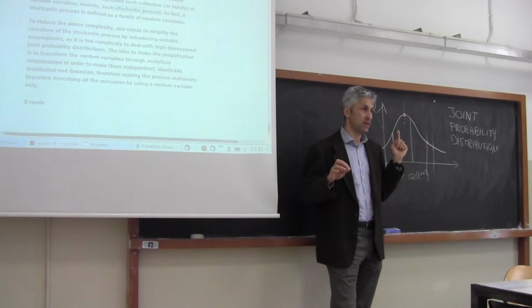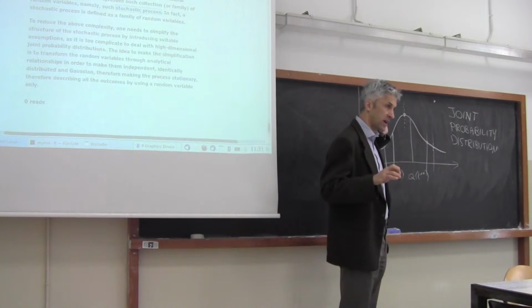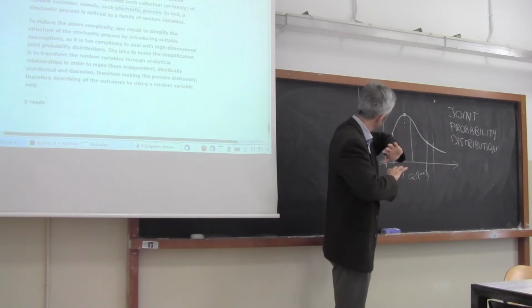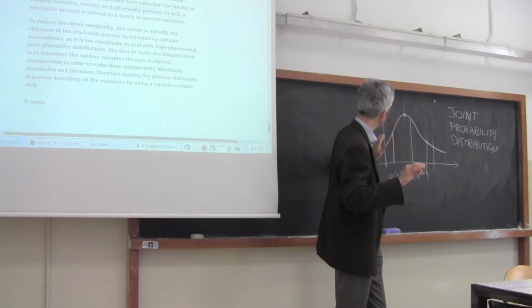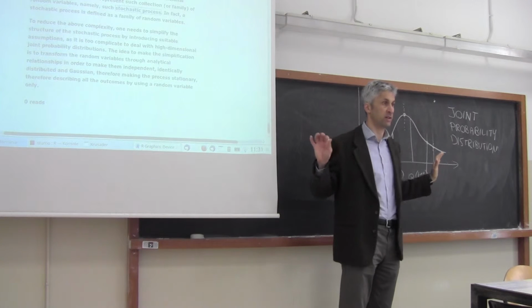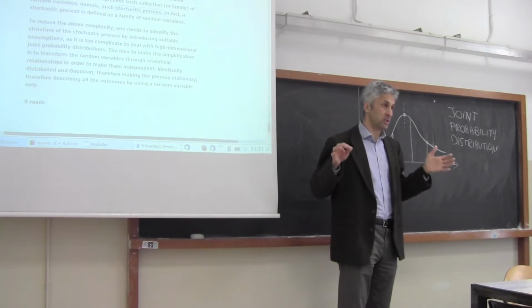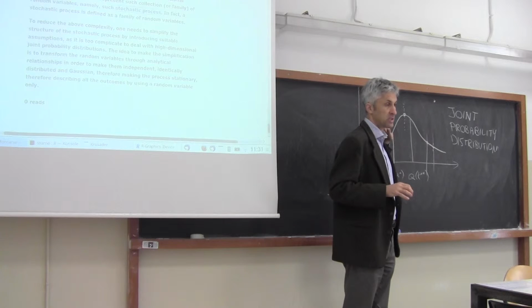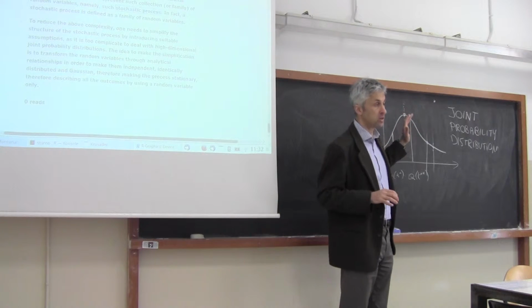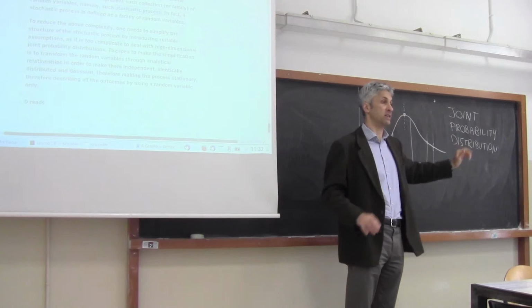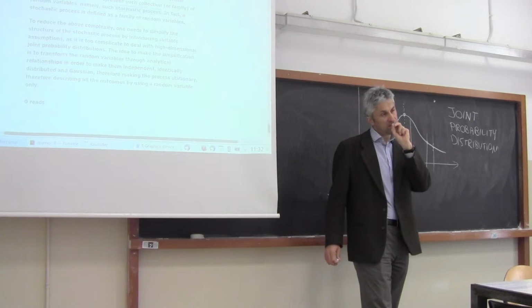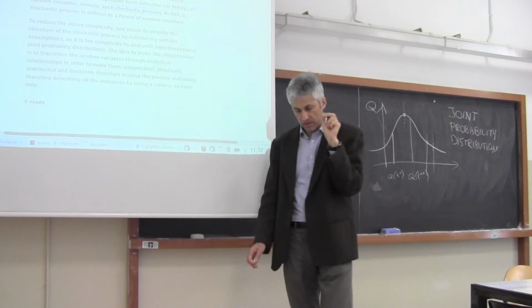This is the idea. If we look at the hydrograph, it's perfectly clear that the probability distribution is time varying. The question is, can we make a transformation to these numbers in order to make the probability distribution identical? And what does it mean to make the probability distribution identical?